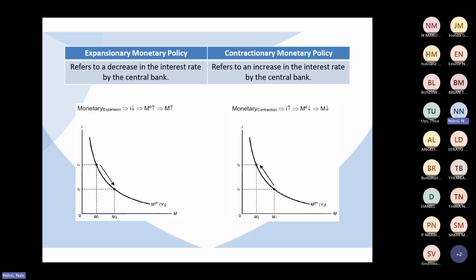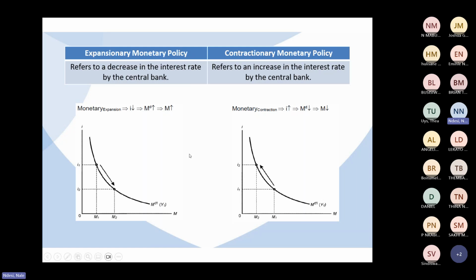Those are marks that you should get before even trying to explain. By chain of events, we established that an expansionary monetary policy leads to a decrease in interest rates, which increases the demand for money and increases the quantity of money.